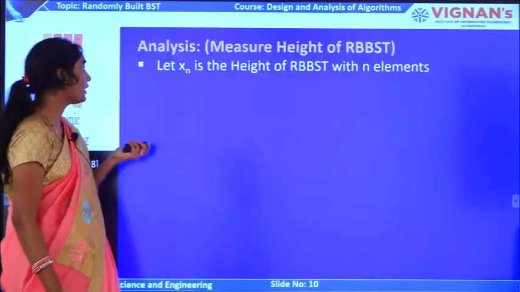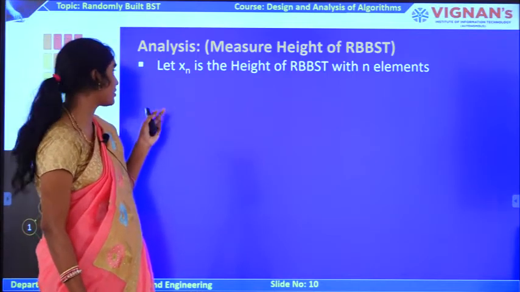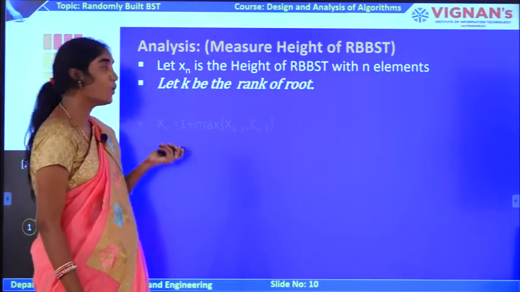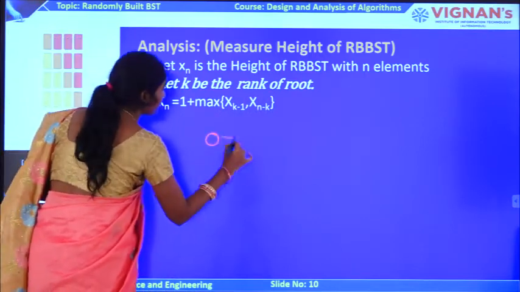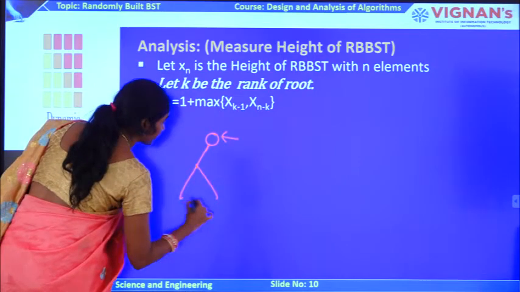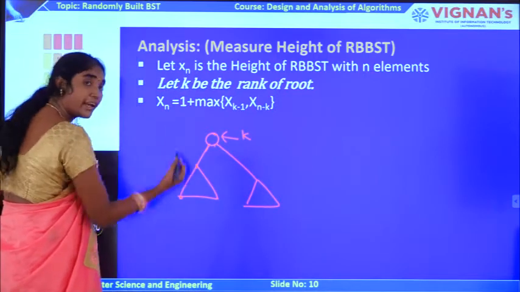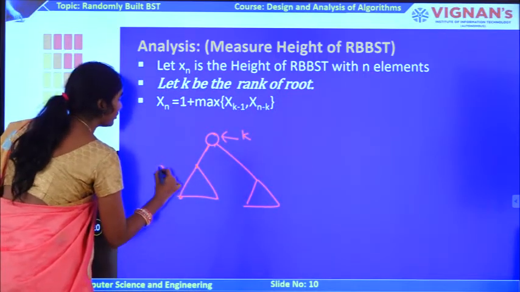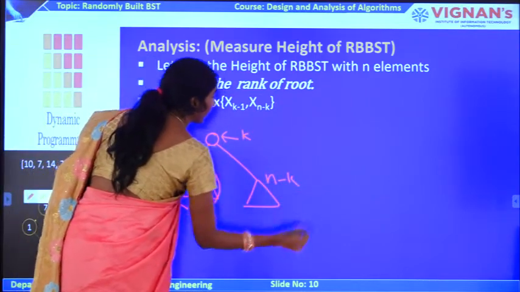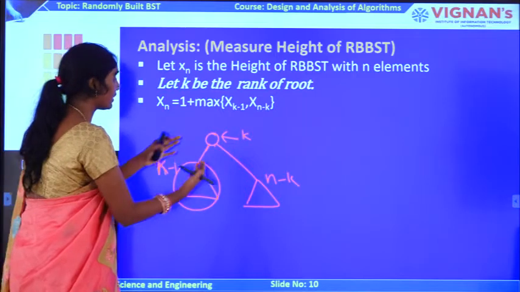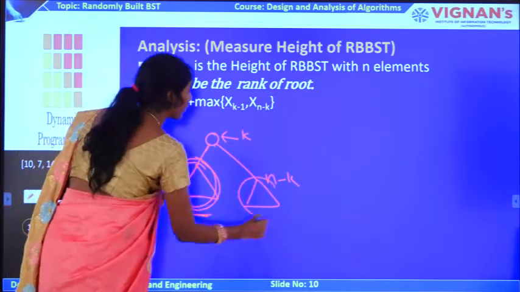Now this gives f of E of x less than or equal to E of f of x, where E of x is the expectation. Let Xn be the height of an RBBST with n elements, and let k be the rank of the root. If this is your root node with a left subtree and right subtree, and k is the rank of the root node, then k minus 1 is the rank of the left subtree and n minus k is the rank of the right subtree.